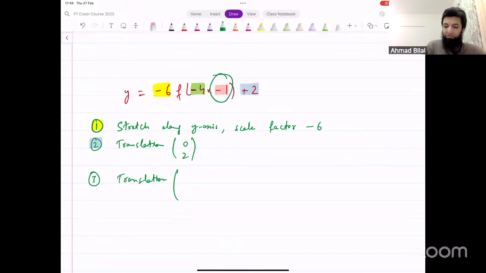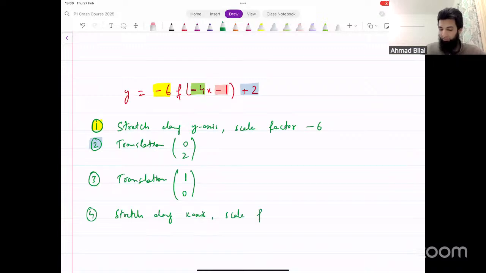What translation? -1 means you're going 1 unit to the right. So the vector would be (1, 0). And then finally, you have stretch, and you can say it's a stretch along the x-axis with scale factor -4.